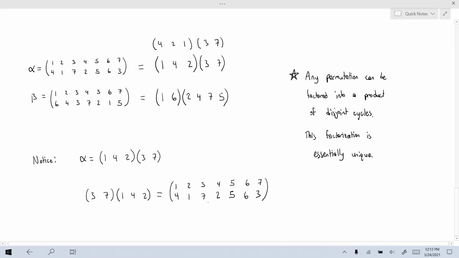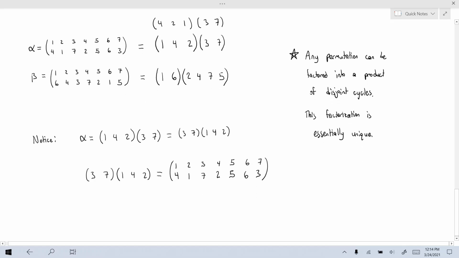And notice that this is exactly the same as what we have up here for alpha. So (1 4 2) times (3 7) was actually the same as (3 7) times (1 4 2). The takeaway from this example is that in general, disjoint cycles commute.